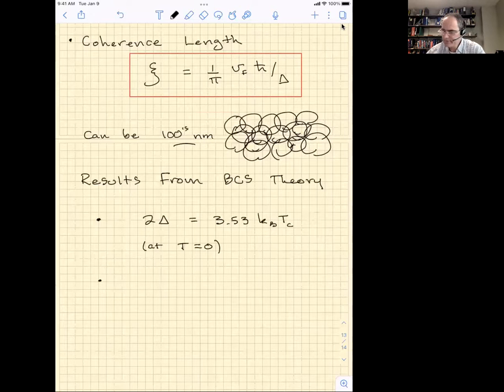That last thing is important because for finite temperatures, for T greater than 0, the gap decreases, and the gap finally goes to 0 at T equals T_C.